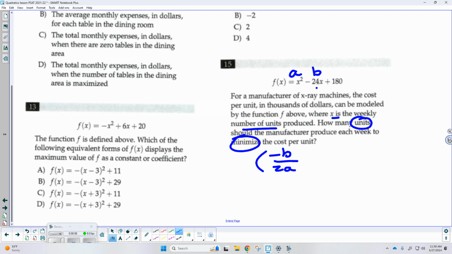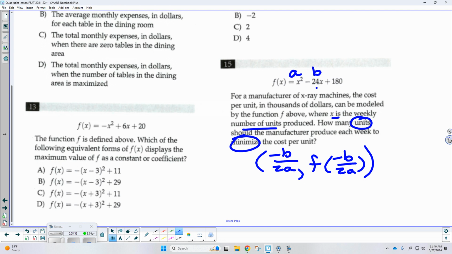The opposite of B over 2A? And then if I wanted the corresponding y value, I would plug that back into the function. So remember, if you have standard form, here we know A is 1, B is -24. If I have those, I can immediately find out what the vertex is. But completing the square would do the same thing. It would require a little more work, but it's going to get you there.